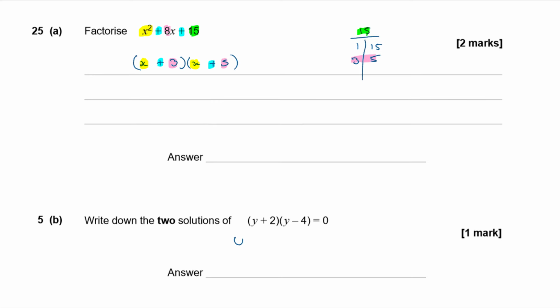So that means that y plus 2 must be equal to 0, or it means that y minus 4 must be equal to 0. One of those two things could be the case. Now, if y plus 2 is equal to 0, that means y must be equal to minus 2, or if y minus 4 is equal to 0, that means y must be equal to 4, then rearranging those two. Okay, I think we are done.